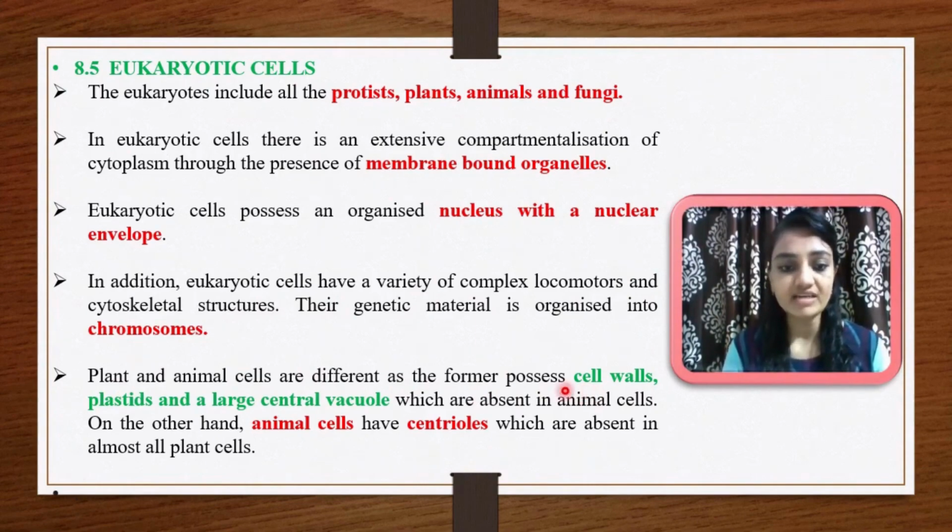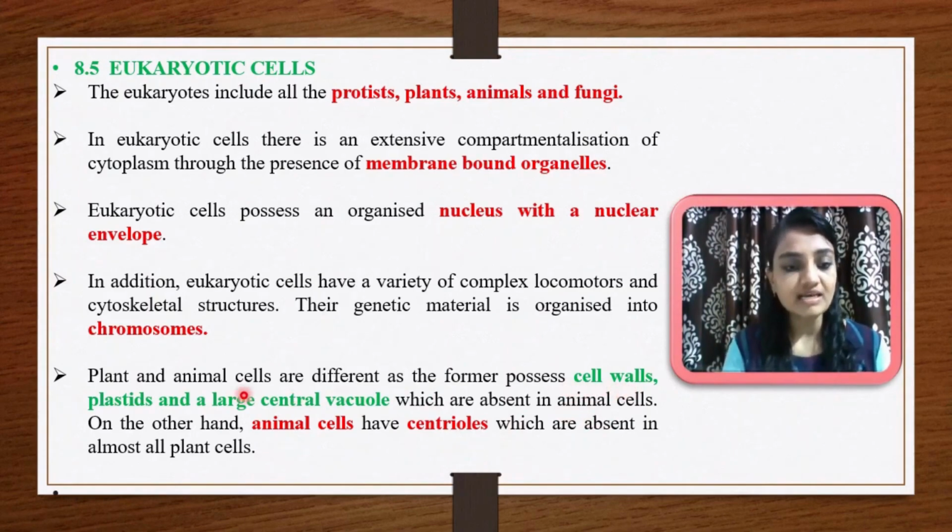How is it different? Because a plant cell has cell walls, plastids, and a large central vacuole, as we already discussed in the previous lecture. Which structures are absent in an animal cell?